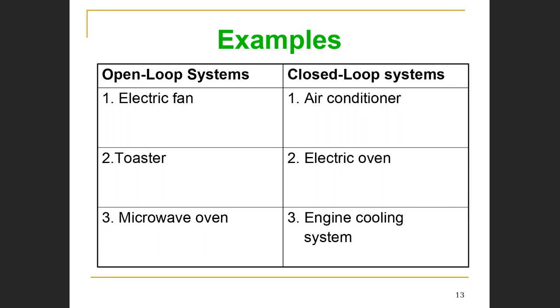On the other hand, for closed loop systems, we have the air conditioner that is used to maintain the temperature of a space, a room, and that's closed loop. The electric oven, used for baking or cooking, does in fact employ closed loop control. The engine cooling system also employs a closed loop control system.